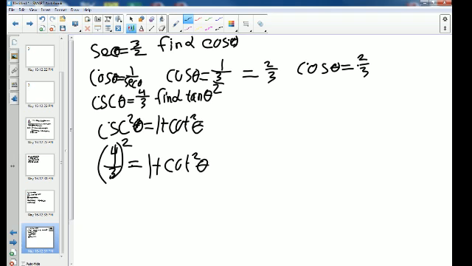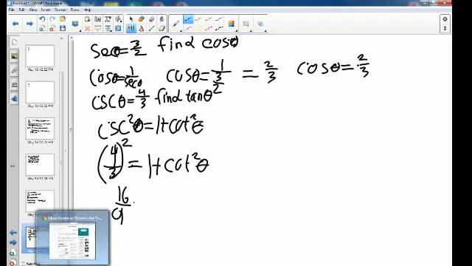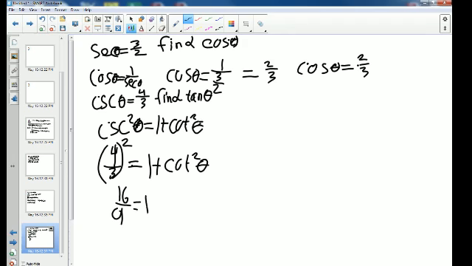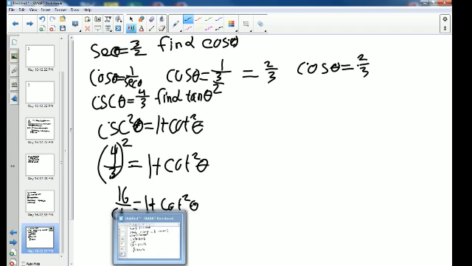Then that squared is 16 over 9 equals 1 plus cotangent squared. Then you're going to subtract the 1, and that's going to give you 7/9.